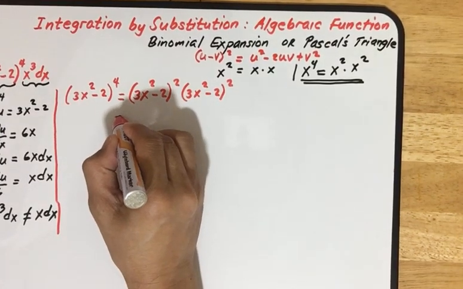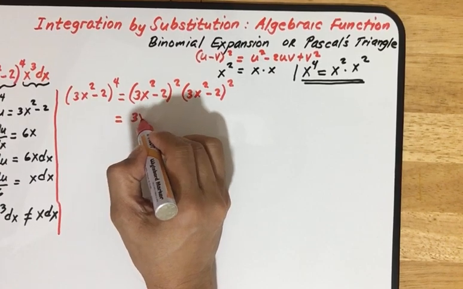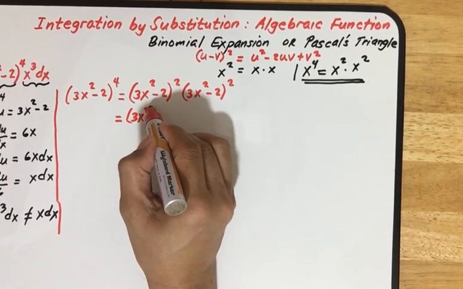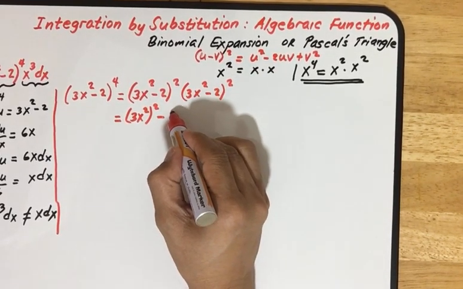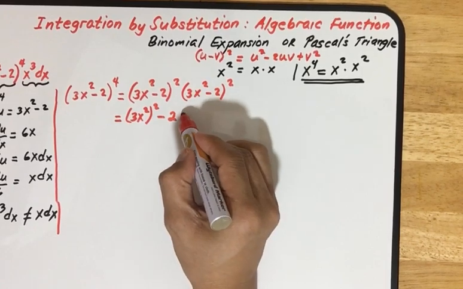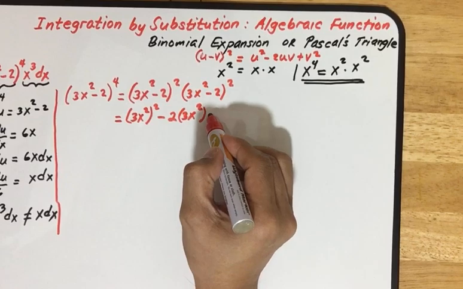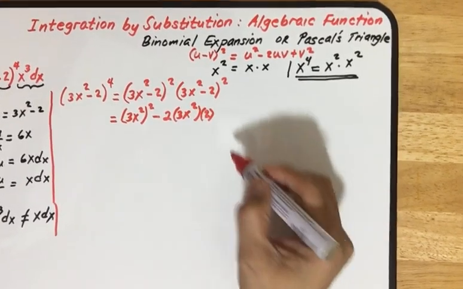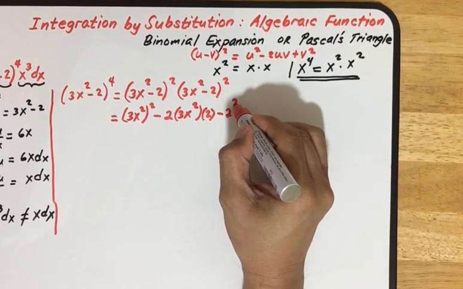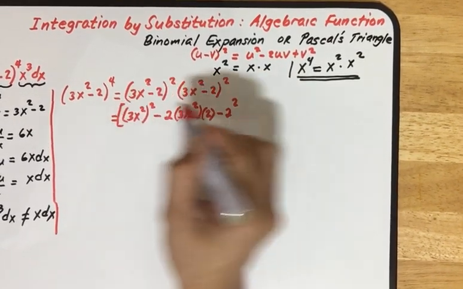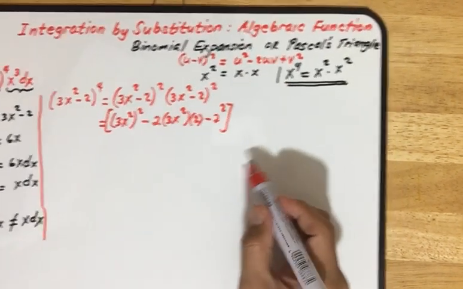So we can rewrite this as the square of the first term, 3x squared, squared, then minus twice the product, 2 times the product of 3x squared and 2, then plus the square of the second term, which is 2 squared. This is our expansion of this factor.